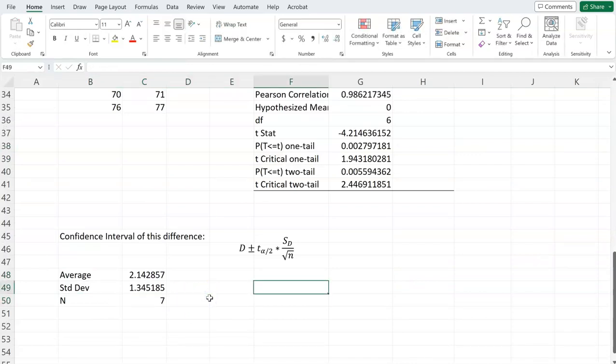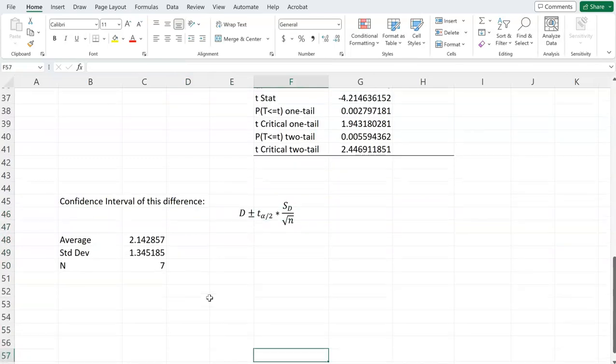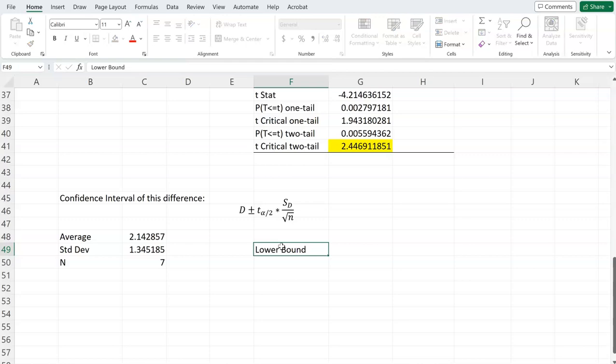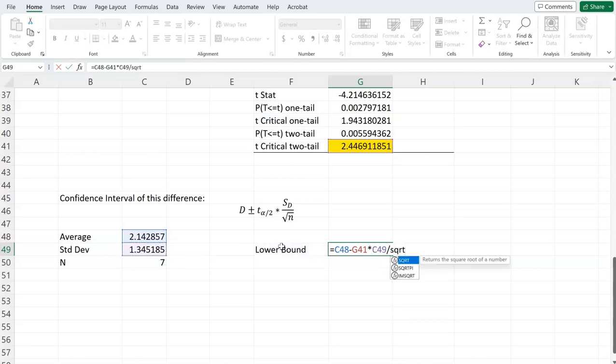And the t alpha over 2 is the critical t value of the two-tailed test. So this is the number I'll be using. My lower bound will be the average value minus the critical two-tailed t-value, times the standard deviation divided by the square root of the number of observations, which is 7.